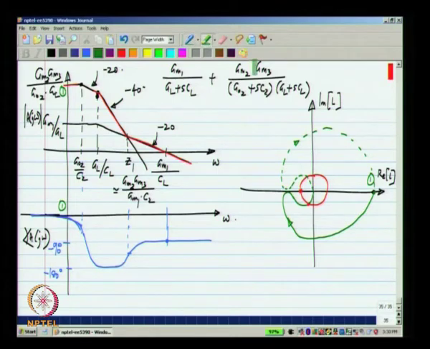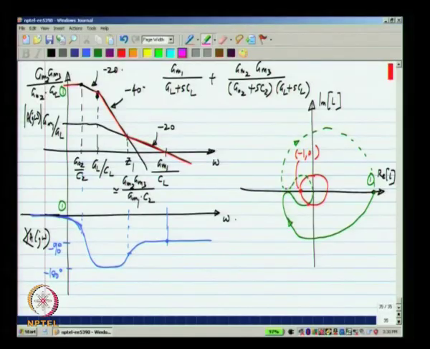Now, you can see that again there is no encirclement of the critical minus 1 point here. You see that the plot goes around it without encircling it in the clockwise direction. We saw that the number of clockwise encirclements equals the number of right half plane poles if the open loop system does not have any right half plane poles to begin with. So, in this case there is no encirclement, so the system is stable.